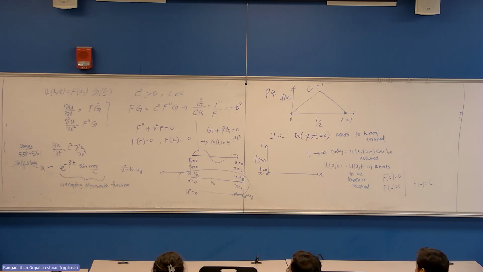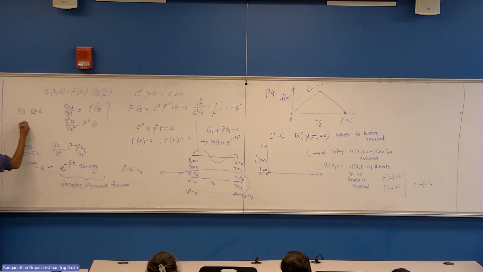Okay, so to wrap up, if you go to problem set 12.6, problems 5 to 17 typically talk about the 1D heat equation with various combinations of boundary conditions.